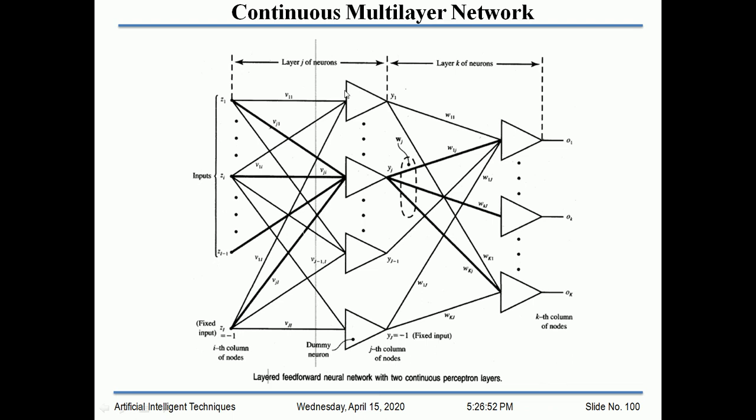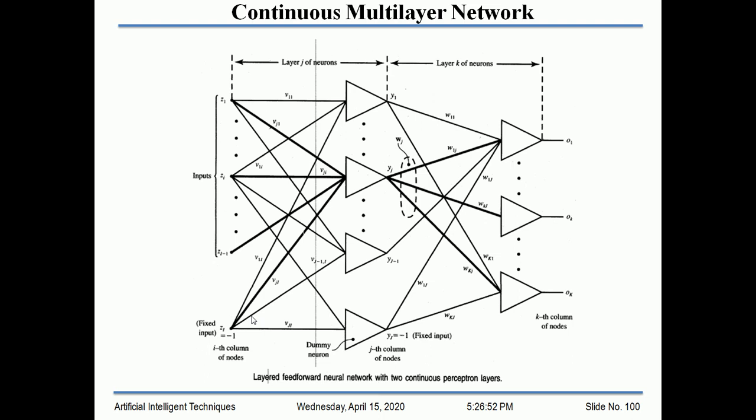Before trying to understand this, if you remember the XOR problem, when we realized the XOR problem and drew the neural network, the layer of input nodes, apart from the two inputs x1 and x2, we have another input that is -1.